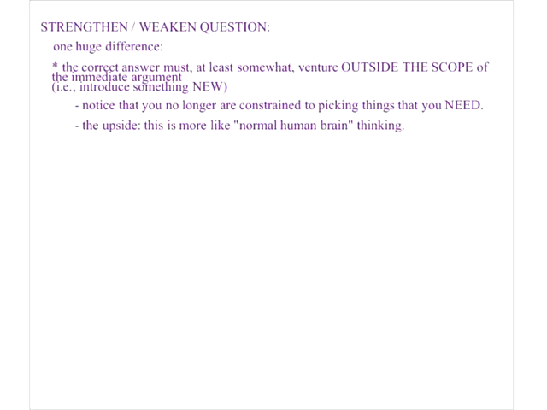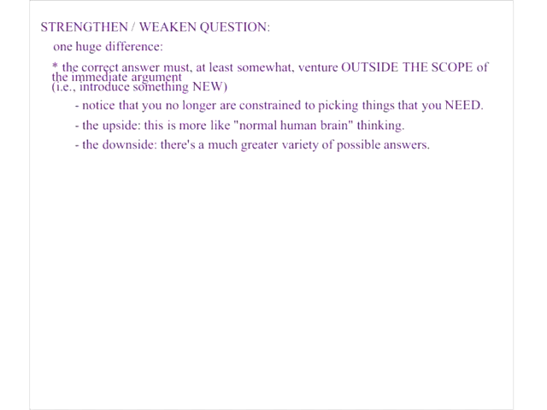Because remember, with finding the assumption, you pretty much have to stick with what you're talking about already. So with that one about driving and walking to work, we had to stick to the topic of just walking versus driving. The one about other methods of reducing pollution was out of scope. With the other find the assumption question involving the famous singers, we had to stick to the topics about commercials and well-known songs and renditions.